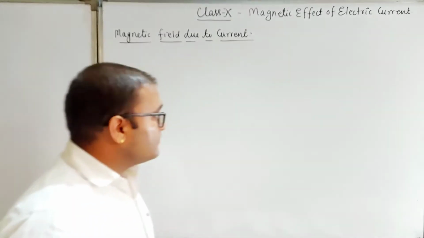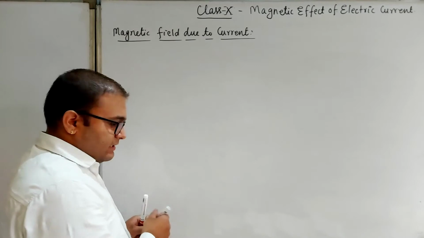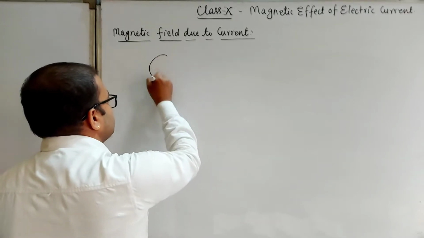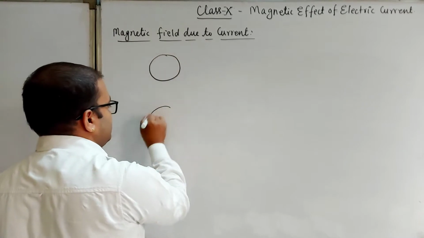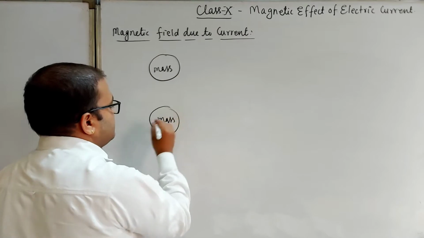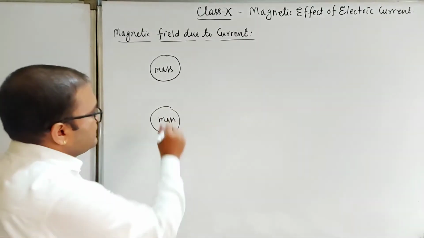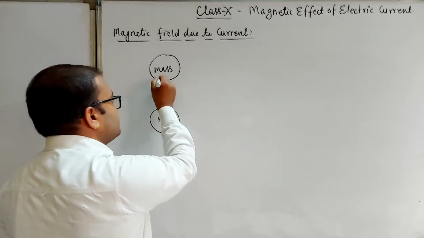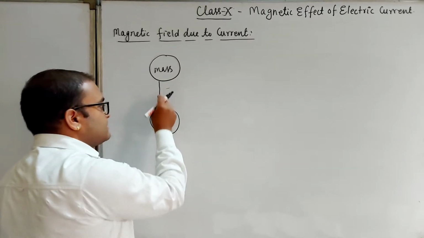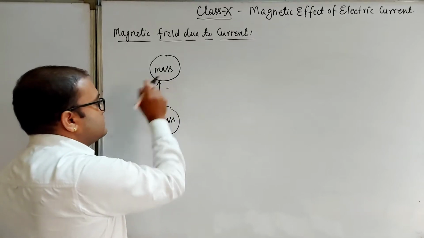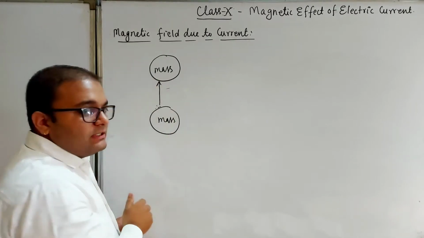Suppose there are two objects having mass. Then we know these two objects exert an attraction force between them.